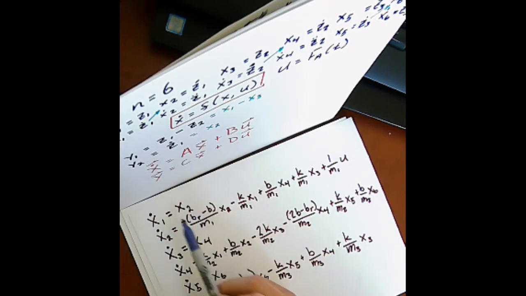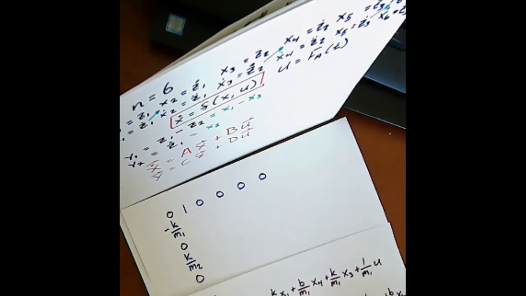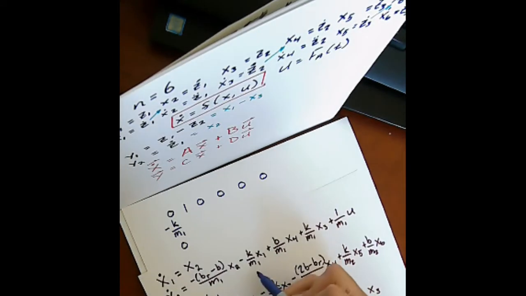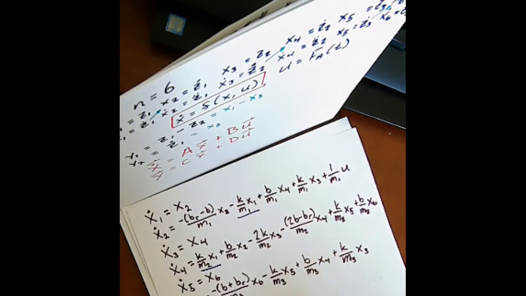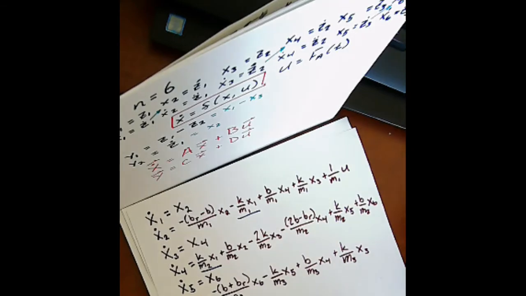So it should be 0, negative k over m1, 0, k over m2, 0, 0. Just so we can keep these straight, those are my x1 terms.